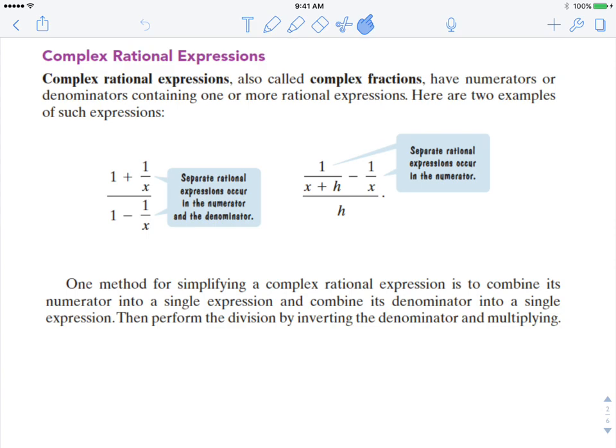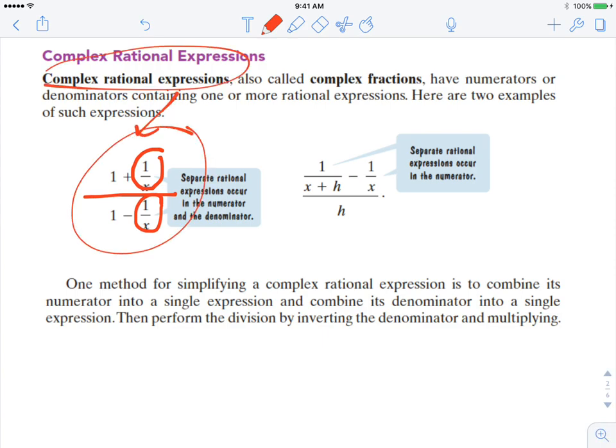So we have the first fraction is 1 over x inside this large fraction and another 1 over x. So these are considered a complex rational expression, this entire thing. Another one, we have a fraction and another fraction in the numerator.